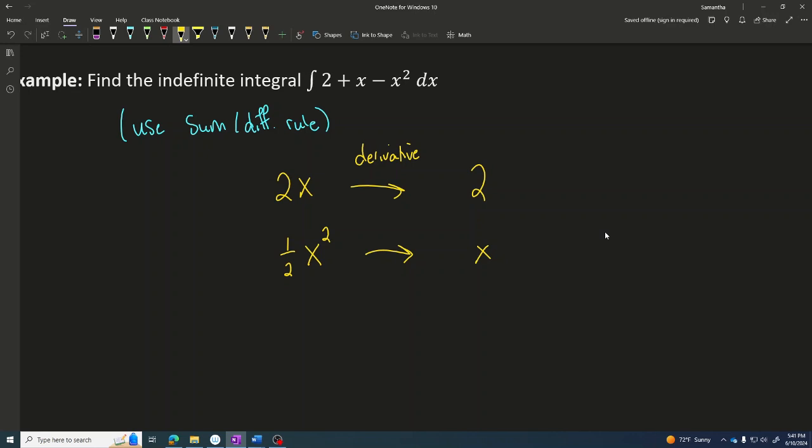And if I wanted to get the derivative to be this x squared, this term in the back, we've already talked about how it would be x to the third power times 1/3 that would result in that.